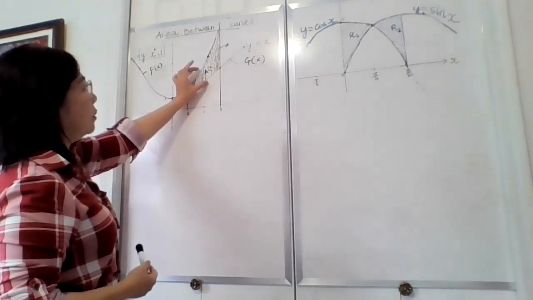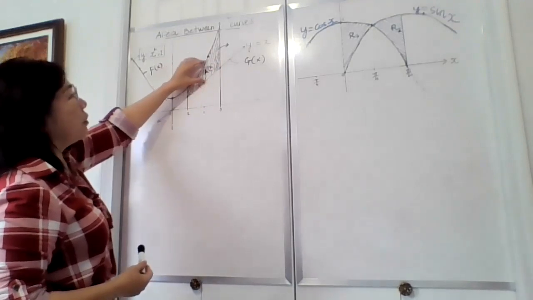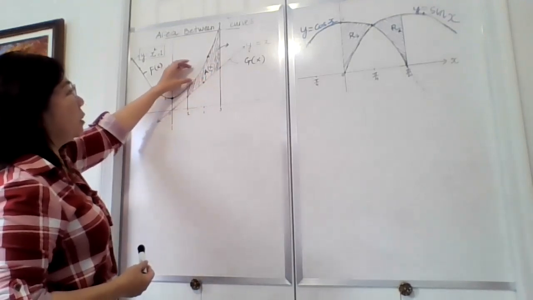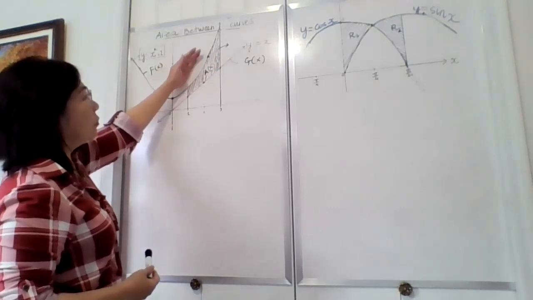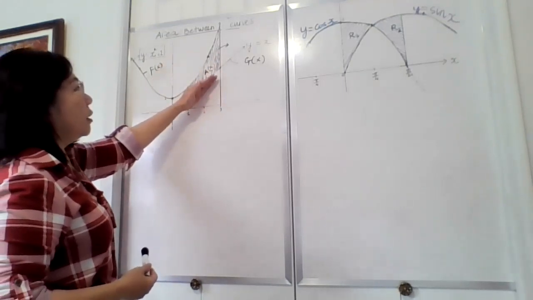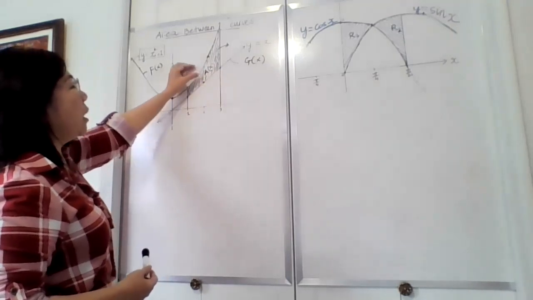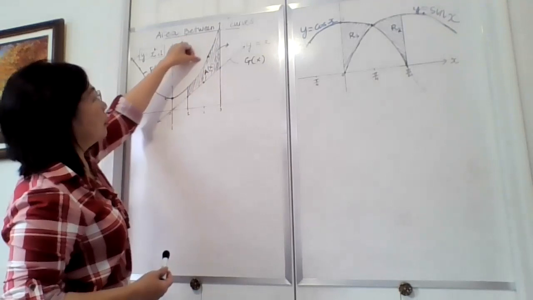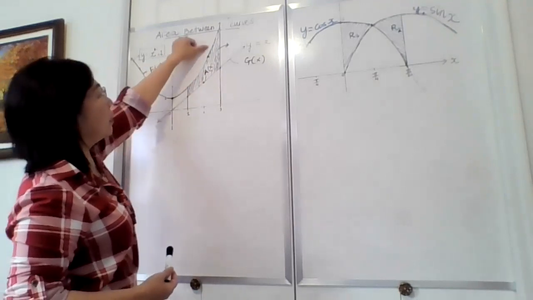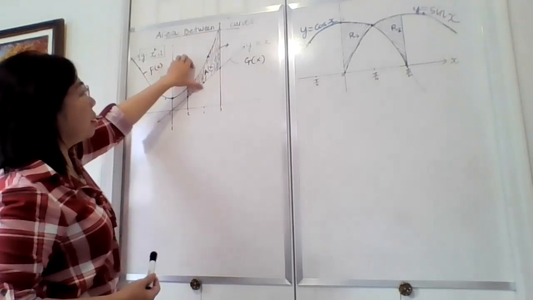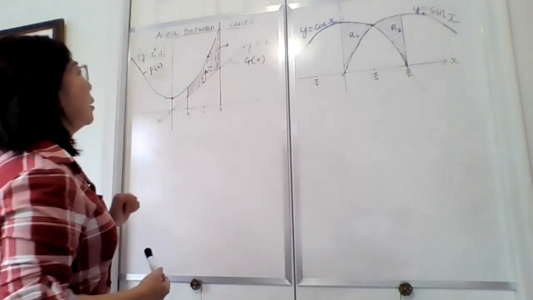in order to find the area between these two curves, you need to find the difference between the above curve and the function below. So we have the quadratic function above the linear function. Obviously, you can see it, right?